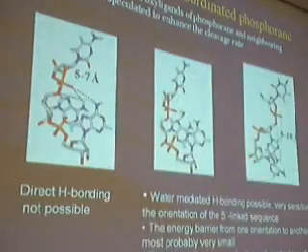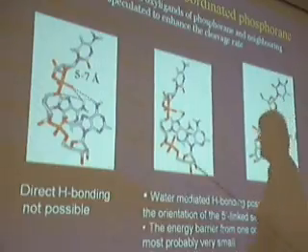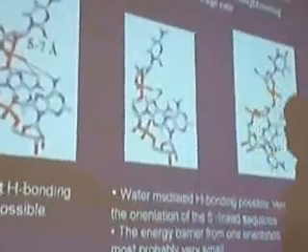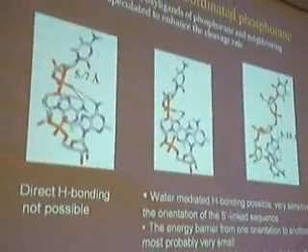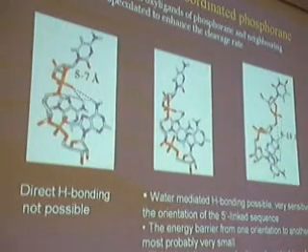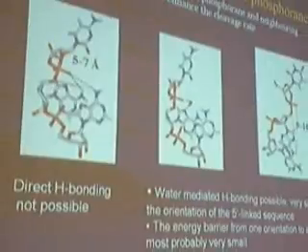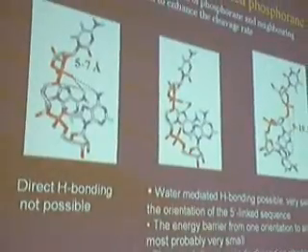And we tried to find some explanations by calculating the distances at the reactive site. But it seems to us that no direct hydrogen bonding actually is possible. So there are no good candidates. We cannot explain things.